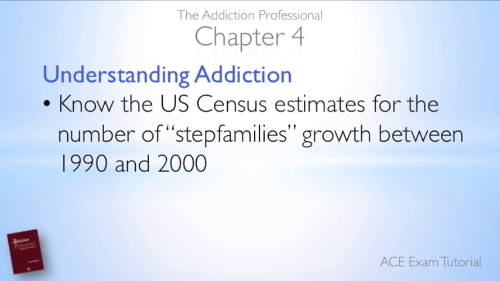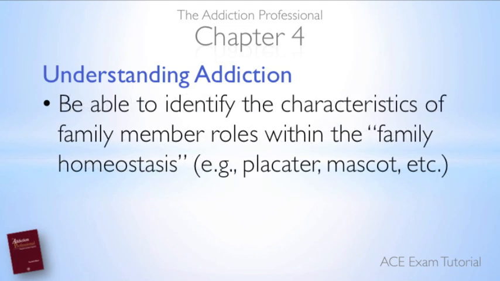Know that in 1990, the U.S. Census showed that 21% of all families were step families. Know about family homeostasis and know what that means, and also be able to understand and distinguish between the various roles, like placater, blamer, family hero, scapegoat.